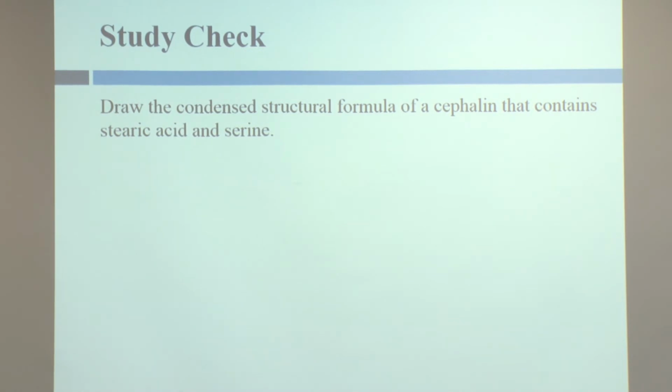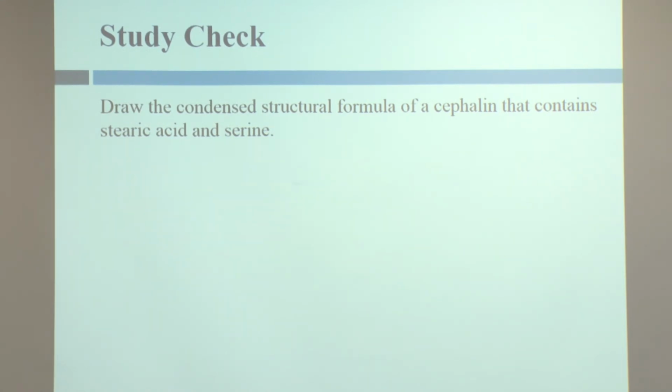Draw the condensed structural formula of a cephalin that contains stearic acid and serine. Okay, what is cephalin? It is a glycerophospholipid. It contains serine as the amino alcohol and stearic acid as the fatty acid. So let us see, how do you set up? What is stearic acid?